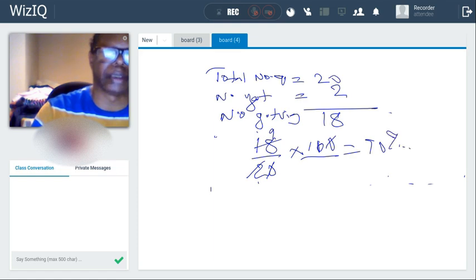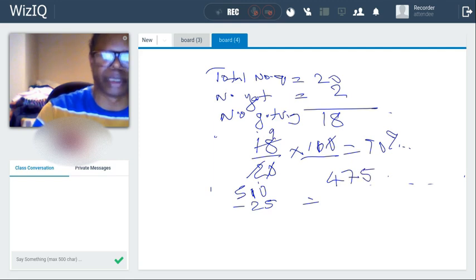The same with this one here. There are 25 children who are away, which means the number of children who are present is 500 minus 25, which means you have 475 left. Then 475 over 500, which is the total, and multiply this by 100.